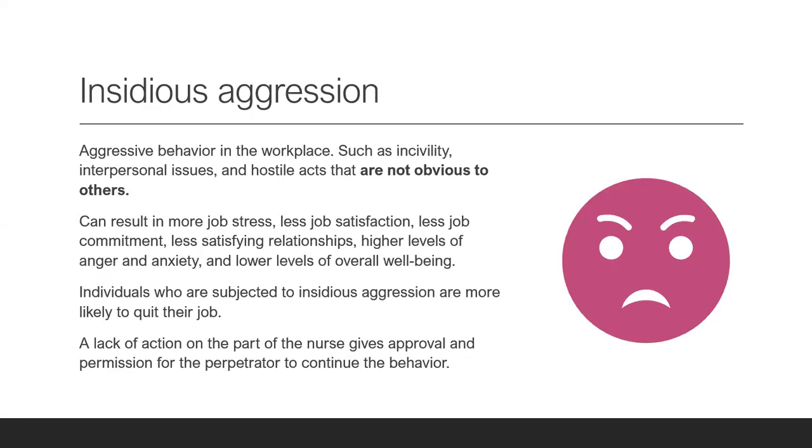Aggressive behavior in the workplace, such as instability, being rude, interpersonal issues, and hostile acts that are not obvious to others, can result in job stress. A person might not even want to go to work because they know that this person is working and they're saying things to them. They're being rude or they're saying things that are inappropriate.